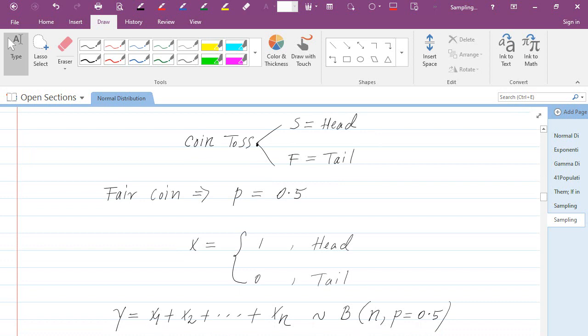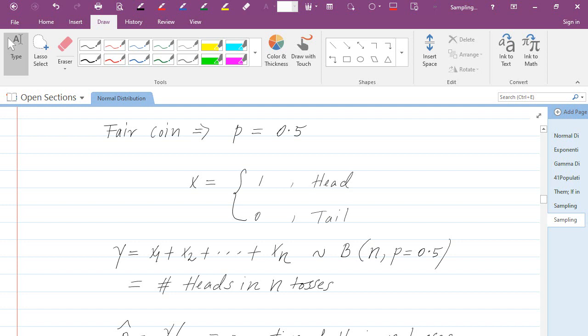And the set of all values of x from all the tosses is my population here. Now I'm looking at a sample of size n, that is, I'm going to toss the coin n times and observe the number of successes.